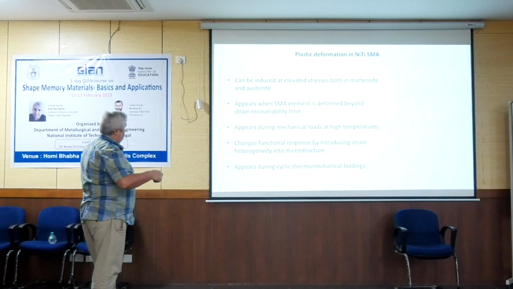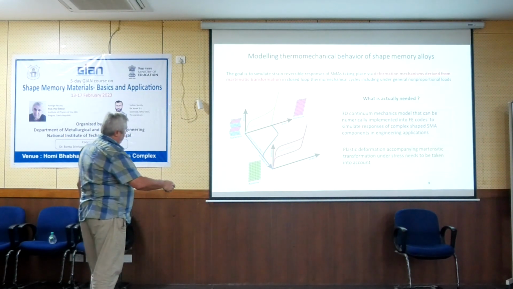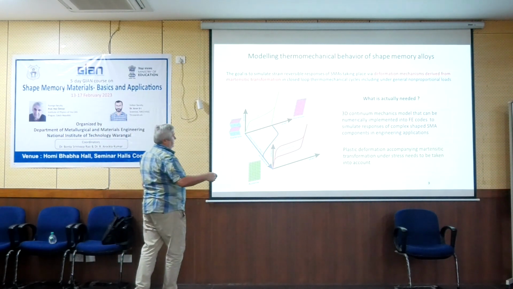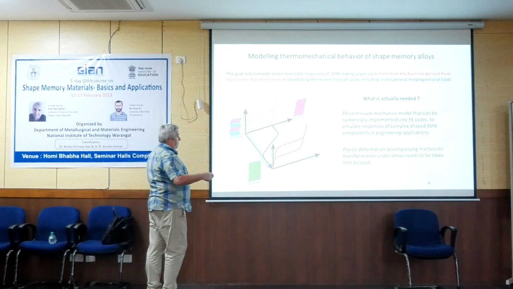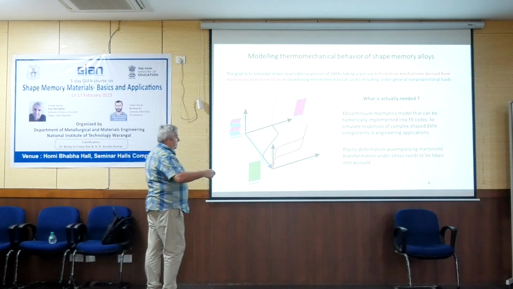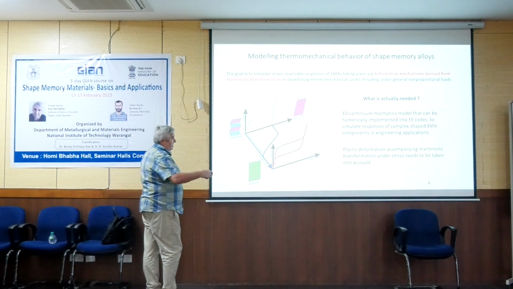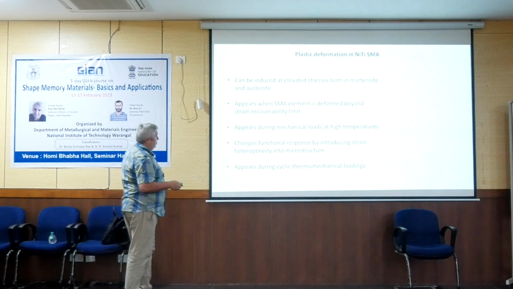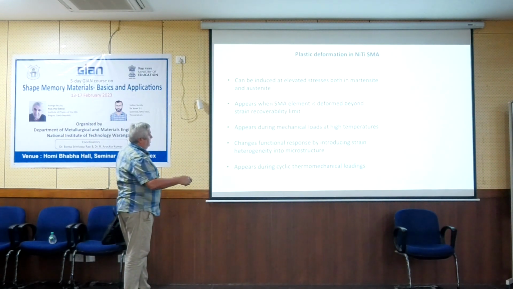But if the transformation proceeds at high temperature, meaning at high stresses, you will have plasticity already during the transformation, so it will be unrecoverable here. This is something which should be captured, as it appears during mechanical loads at high temperatures.